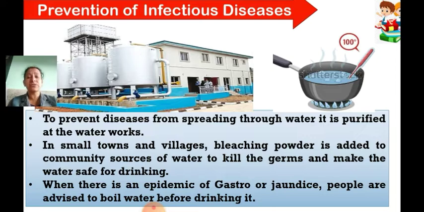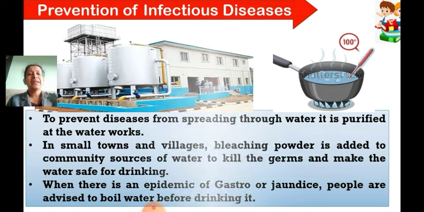And the final step is chlorination, wherein all the microorganisms are killed. In the community, in the towns and villages, bleaching powder is added to the community sources of water, whereas when we are drinking at home, we need to boil the water before drinking it. Correct? So as to avoid germs of the epidemic of gastro or jaundice maybe.